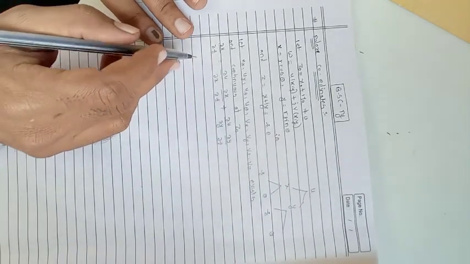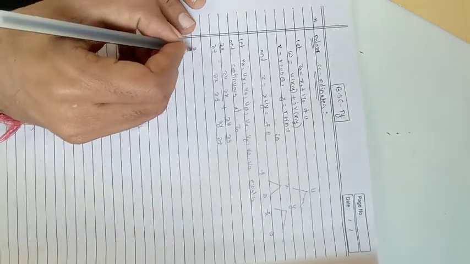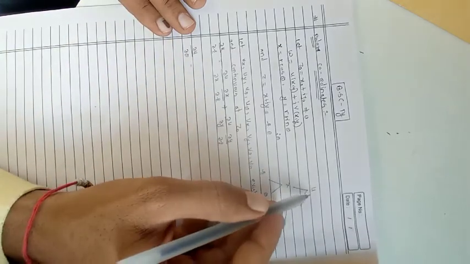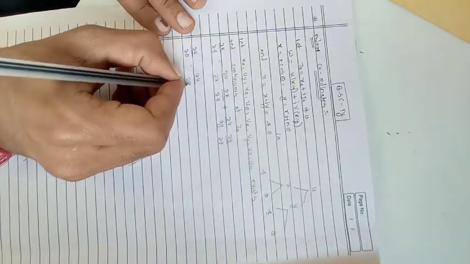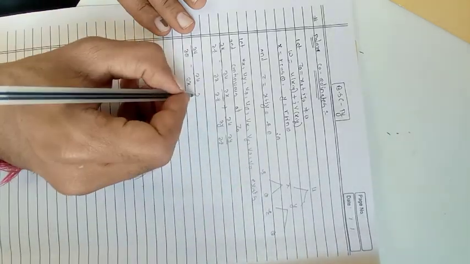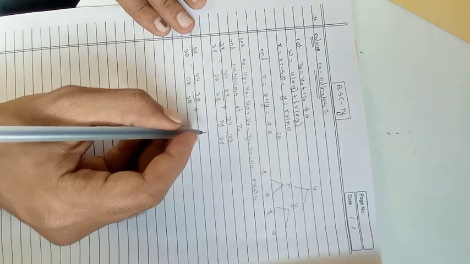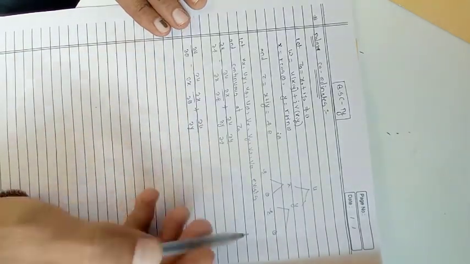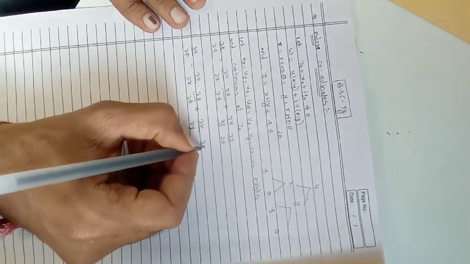Likewise, dou u by dou theta is equal to dou u by dou x into dou x by dou theta plus dou u by dou y into dou y by dou theta.